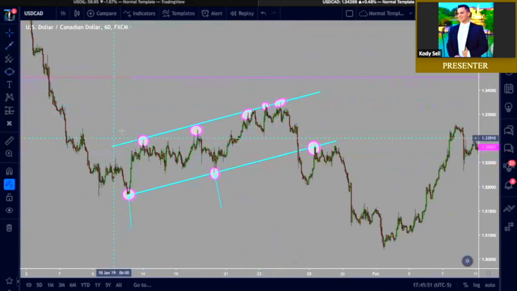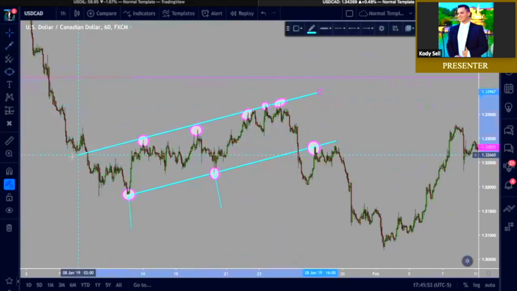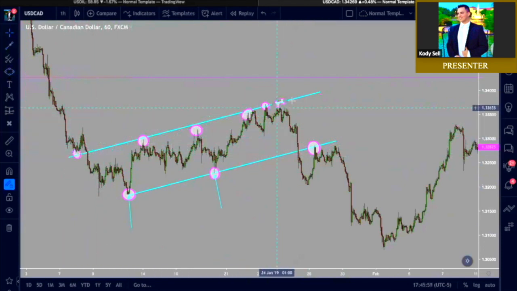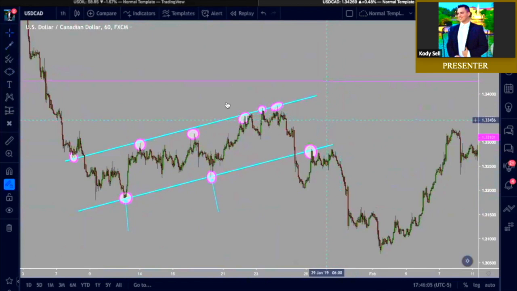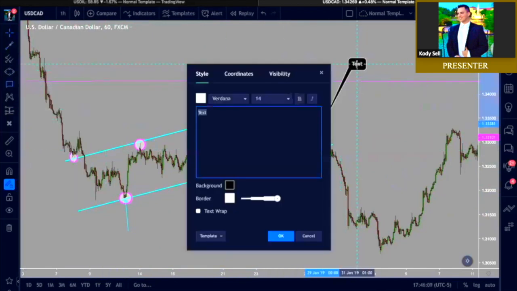Okay? And if you pull this back, like so, you'll find that it was also previously acting as support. So this trend line right here is our parallel for this trend line down here. See how that works? And then this right here, all together, this is our bullish channel.